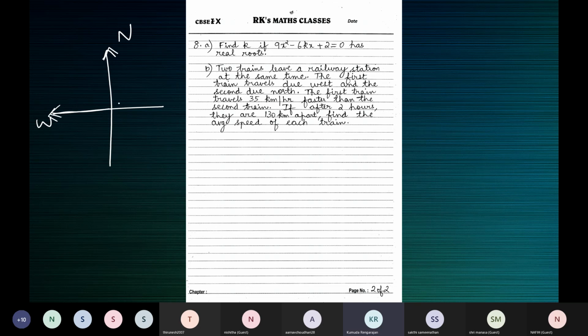The first train travels 35 kilometers per hour faster than the second train. The first train is, sorry, I'm confusing you.